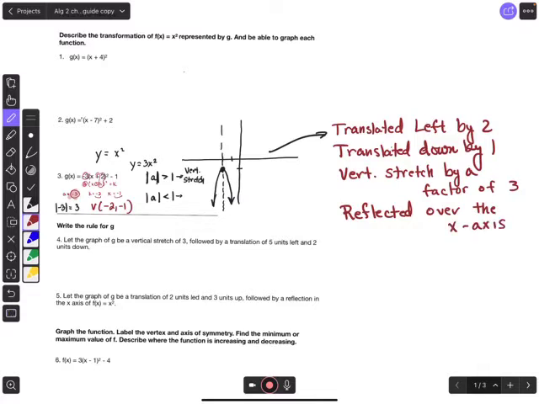Turned it upside down. So there's a lot going on with that equation, a lot packed in.